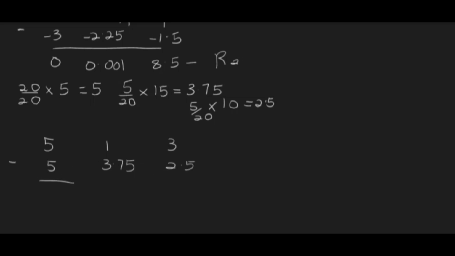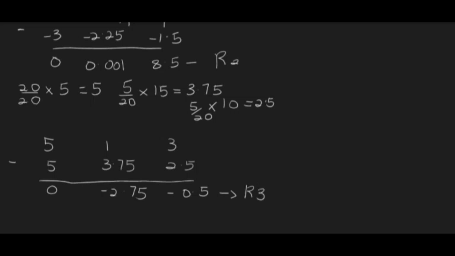So when I subtract, this one will give me 0. This 1 minus this should give me negative 2.75. 3 minus this should give me negative 0.5. So this is my new row 3 entries.